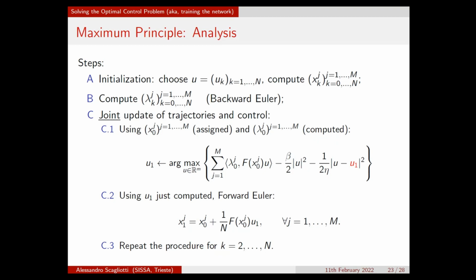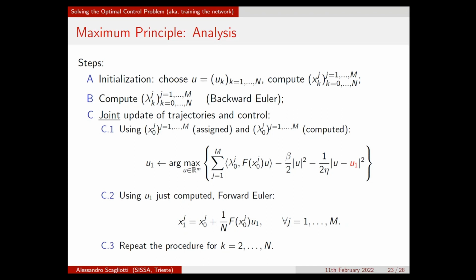Eta is the learning rate, the step size that you use to update the controller. When you maximize the Hamiltonian, you don't go from one point directly to the maximum of the Hamiltonian, but you are quite conservative.